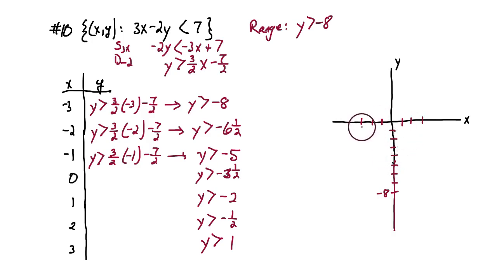Go to -3 on the x-axis, come straight down vertically. When you get to -8, put an open dot. It's got to be an open dot because the arrow doesn't have the or equals to. And then to show that y can be anything larger than -8, you draw a ray going straight up the paper.